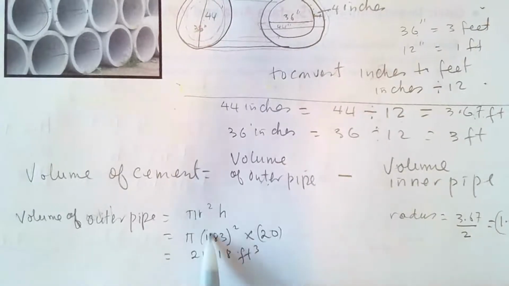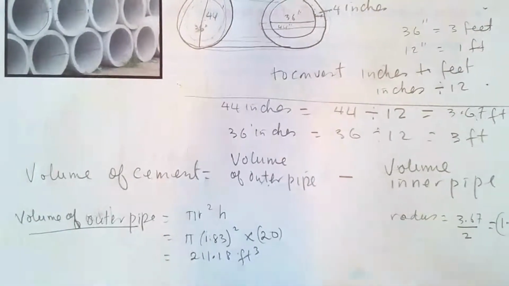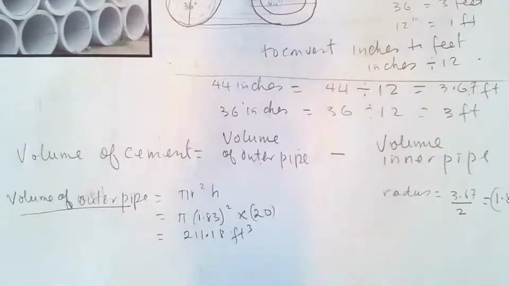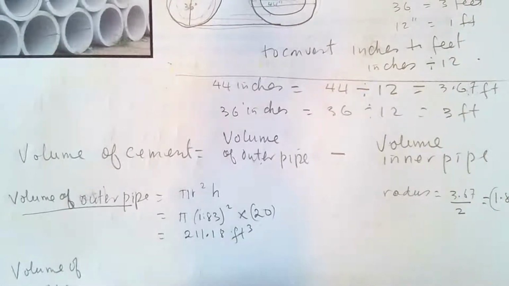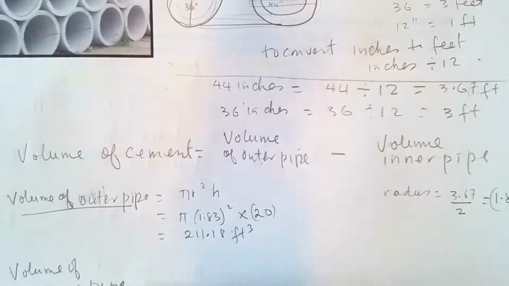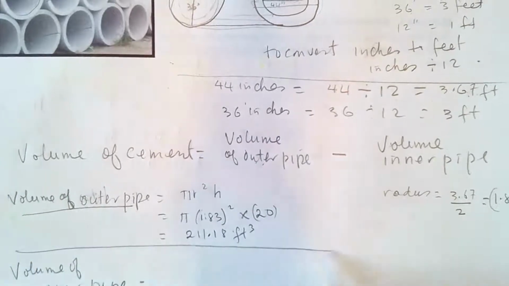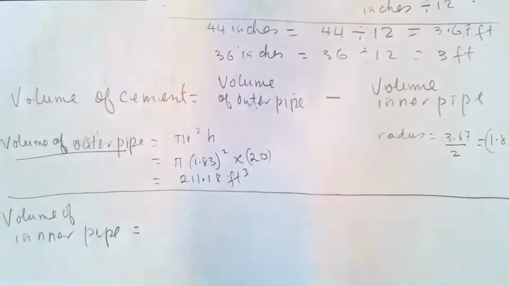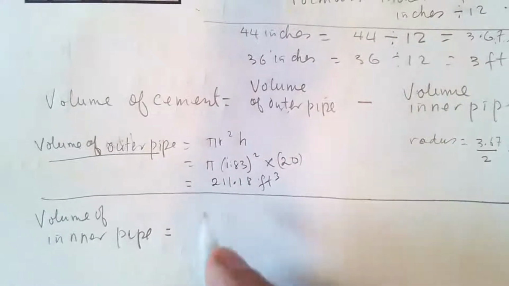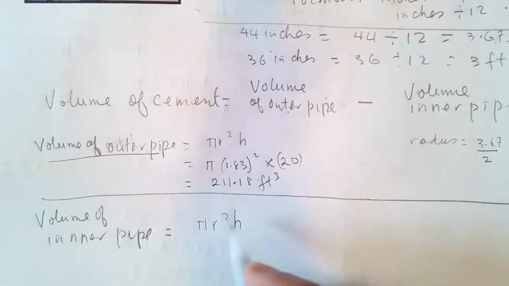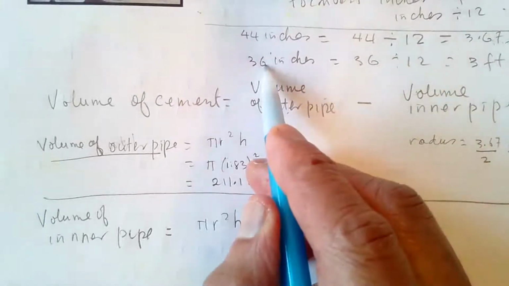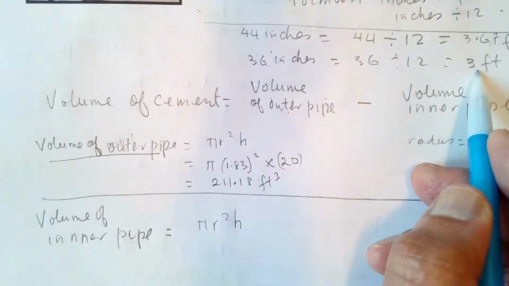We now have to go and find the volume of the inner pipe. So you still use pi r squared times the height. Now the radius for the inner pipe, say 3 feet, so half of 3 feet will be 1.5.